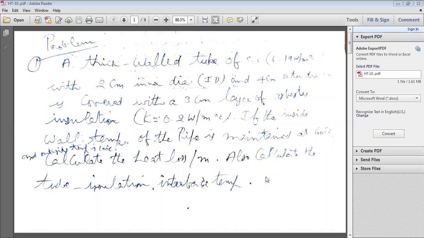So, in the last class, I gave how to calculate the heat transfer rate for a cylinder. What is the equation?